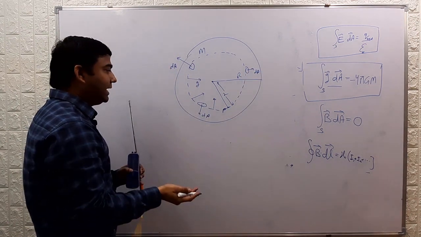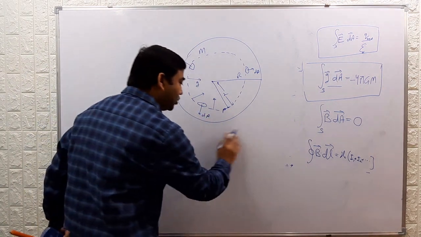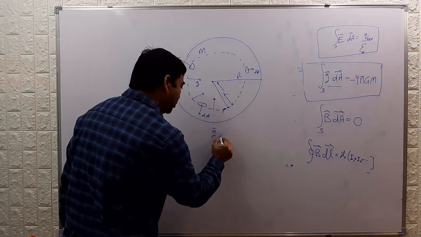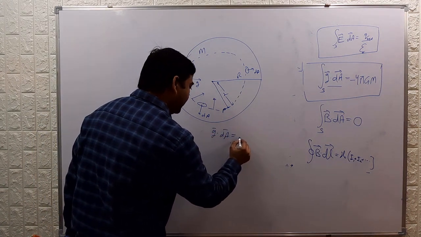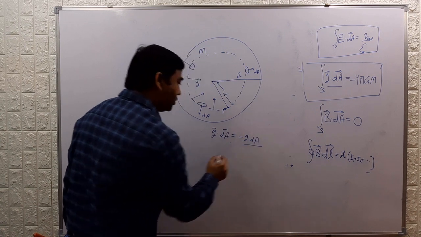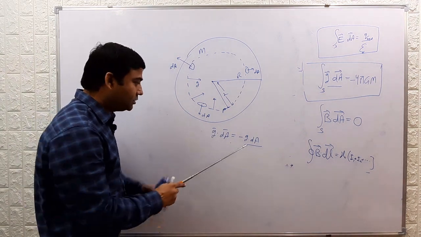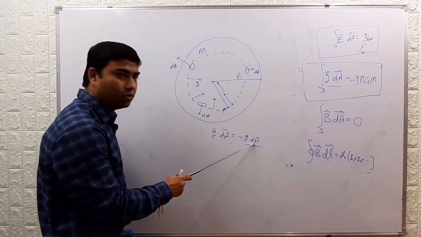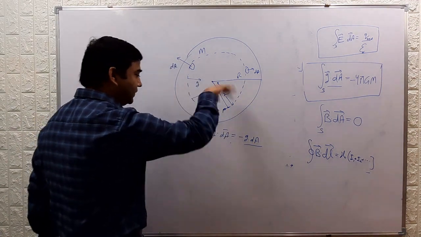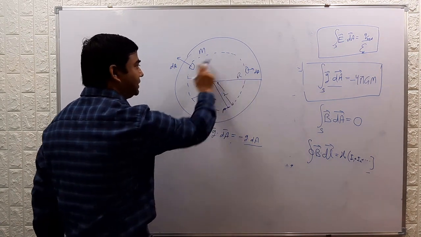So dA and G are opposite at every point, so their dot product will be negative. G dot dA will be minus G into dA, because both are opposite vectors, hence the dot product will be negative, where G is the magnitude of the field and dA is the magnitude of the area vector. For the whole surface G is uniform because all points are symmetric.